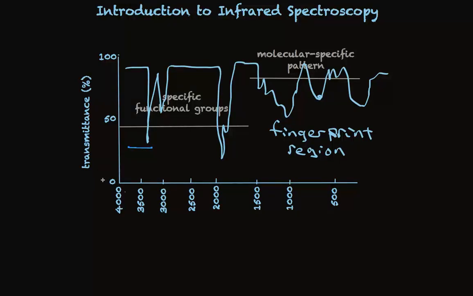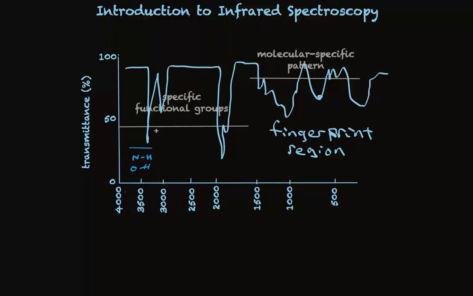Up in this region, we expect to see NH. We expect to see OH. We may be able to distinguish between these two, but it isn't always so simple.